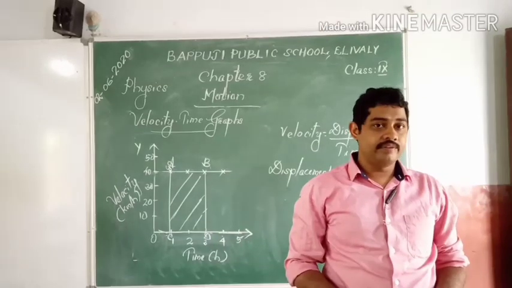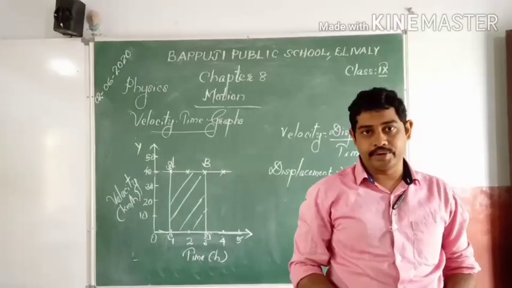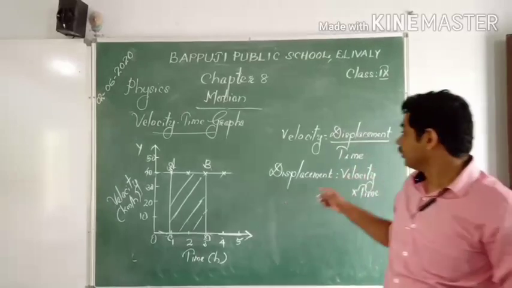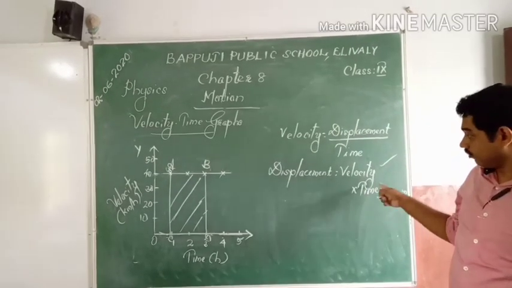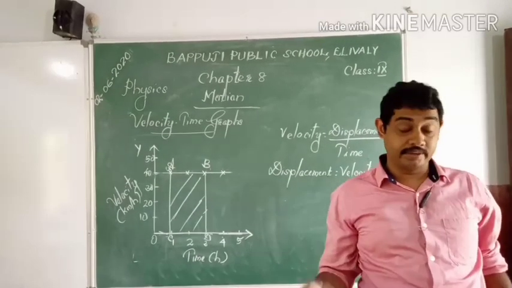We have studied that velocity is equal to displacement upon time. So displacement is equal to velocity into time. The product of velocity and time gives displacement.